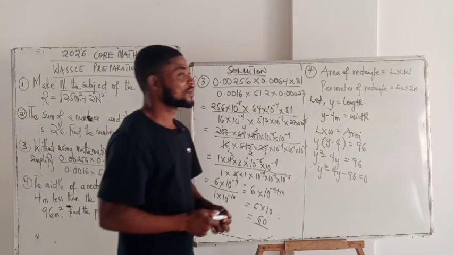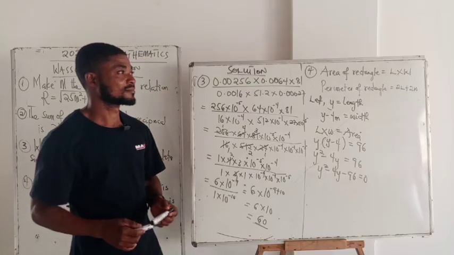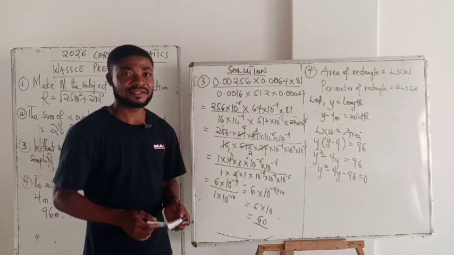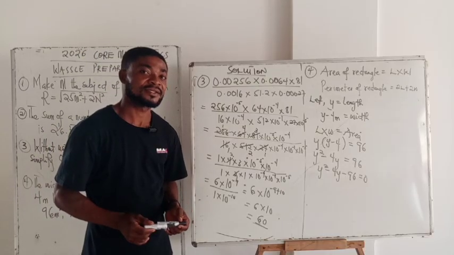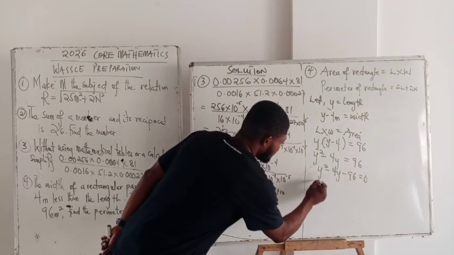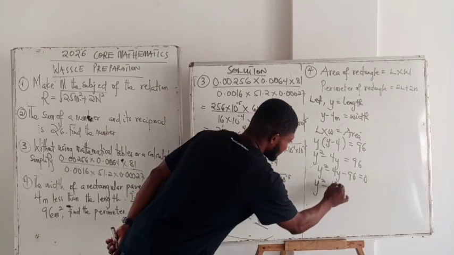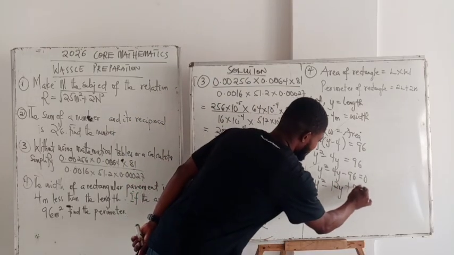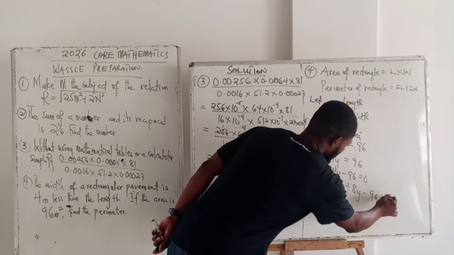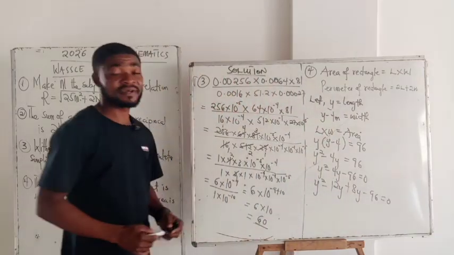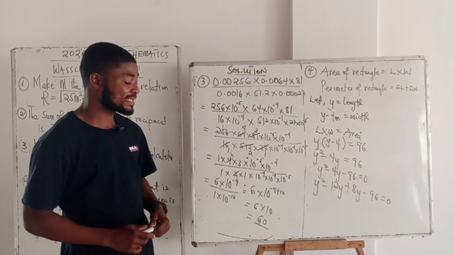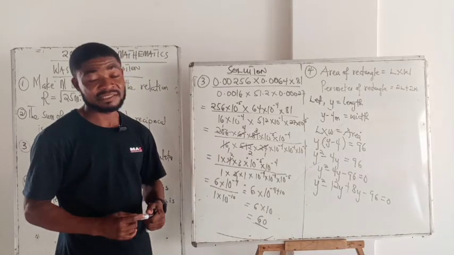Okay, so I think we can use 12 and 8. Yes, 12 and 8. So y squared negative 12. So we are using negative 12 and then positive 8. 12 times 8, that will be 96.